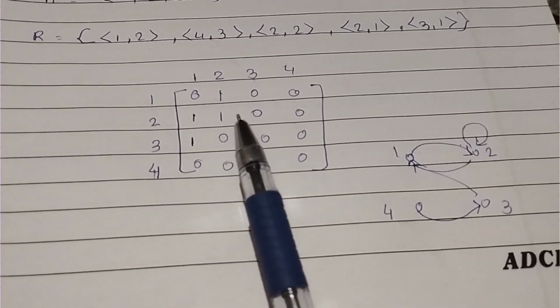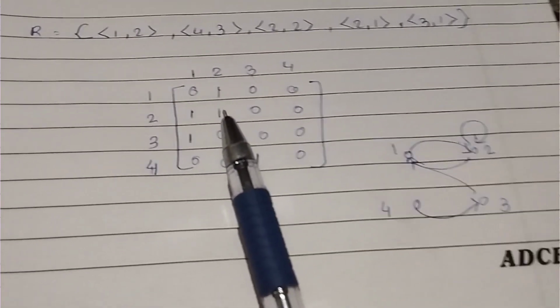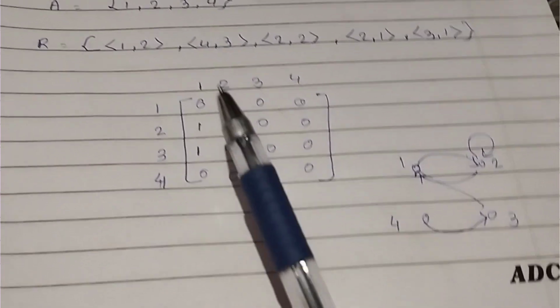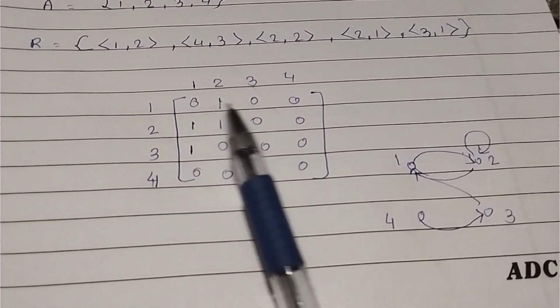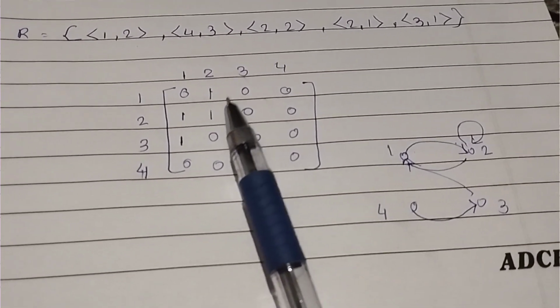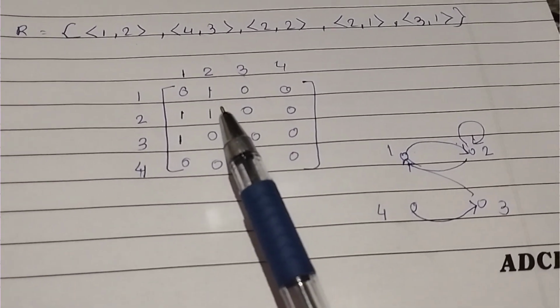And the opposite of that, antisymmetric, means if 2 and 1 is 1, then the opposite of 2 and 1 is 0. If the matrix goes that way, that time this is antisymmetric.